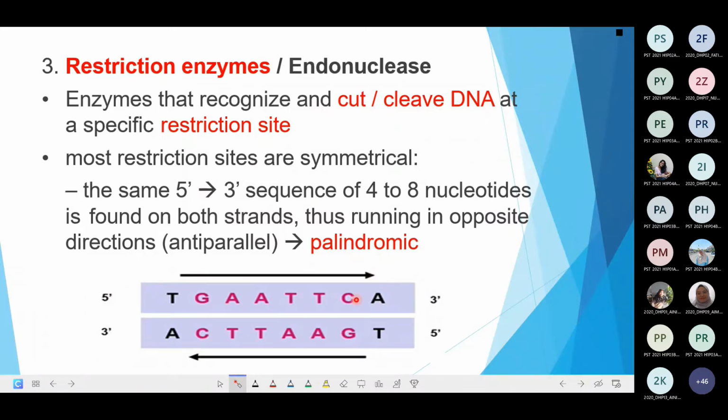We can see here that this involves a sequence of 6 nucleotide bases, 1, 2, 3, 4, 5, 6, and sometimes it can involve only 4 bases or maybe up to 8 nucleotide bases, but the common one will be this 6 sequence of bases.